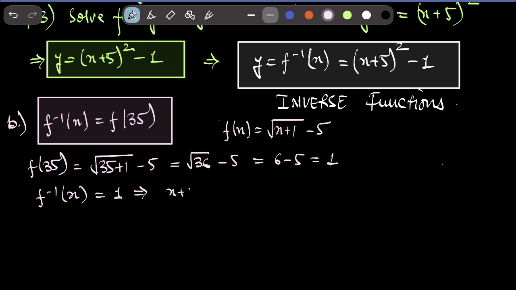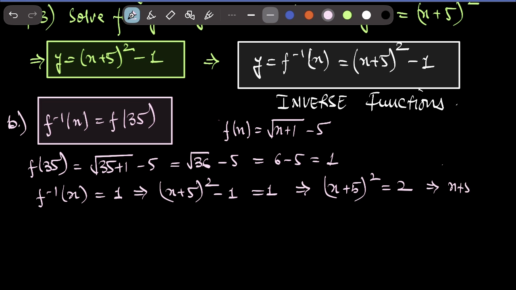This is my (x plus 5) whole square minus 1 is equals to 1. Okay, now let's solve this. I'm getting (x plus 5) whole square is equals to 2 now. If I solve this further, I will get x plus 5 is equals to plus minus root 2.